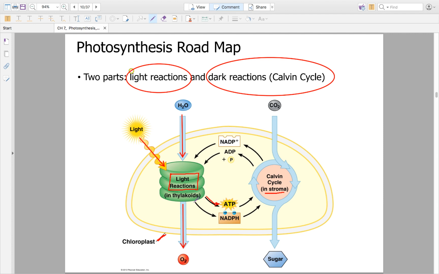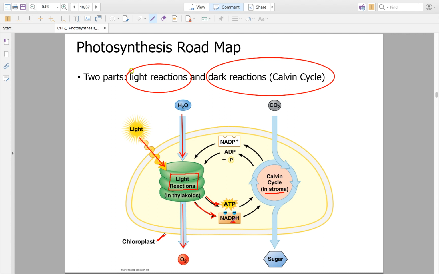And look at this guy. He should look a little bit familiar. We get an electron carrier called NADPH. Now notice there's a P in there. Remember NADH as an electron carrier from cellular respiration? This guy's pretty similar. And a good way to remember that this is photosynthesis is there's a P right here.